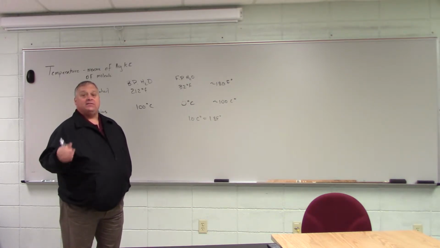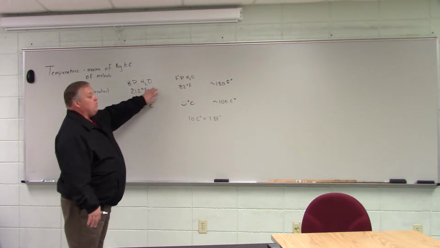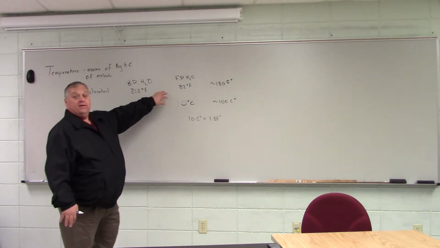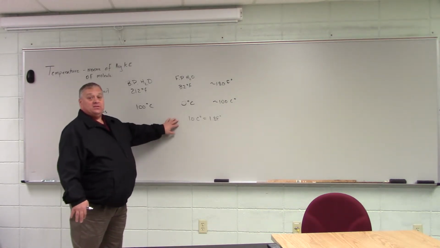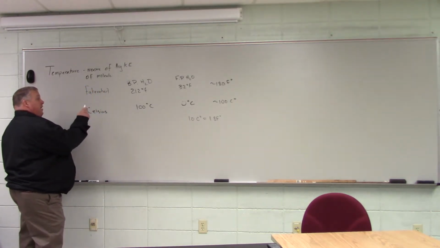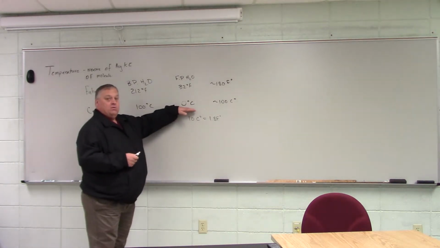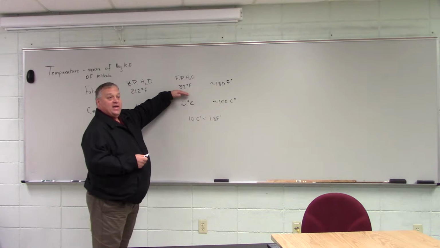Once you realize that you're at different freezing points and different boiling points. So we've got to work on converting between Fahrenheit temperature and Celsius temperature with that in mind. So we also notice that the Celsius temperature scale starts at 0, whereas the Fahrenheit starts at 32.